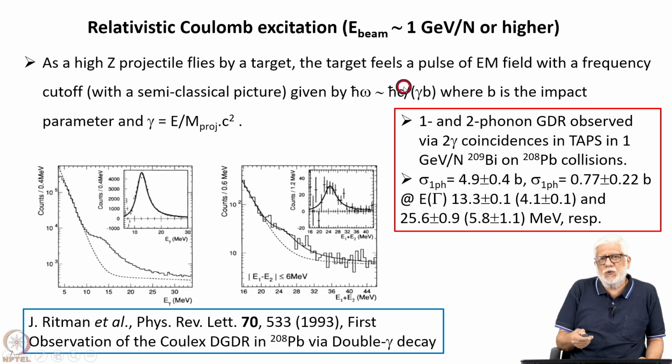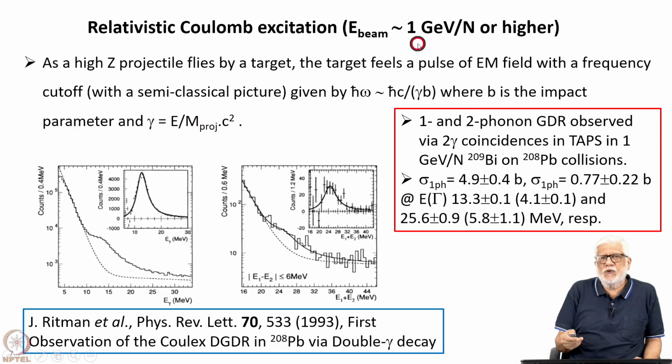Within a semi-classical picture, you can actually calculate this energy cutoff as being h cross c by gamma times b, where b is the impact parameter. It's a semi-classical picture, okay, and gamma is just the total energy divided by the rest mass of the projectile.